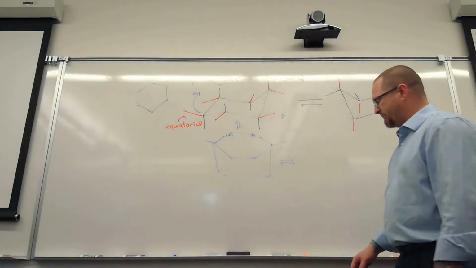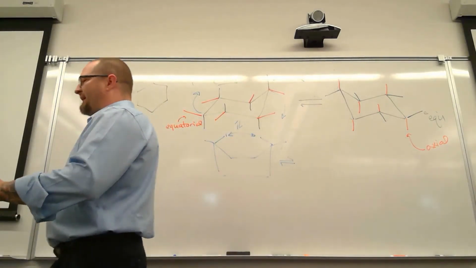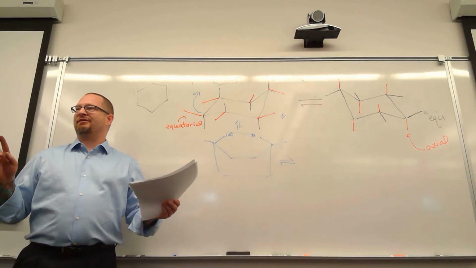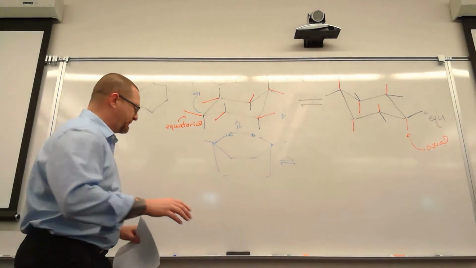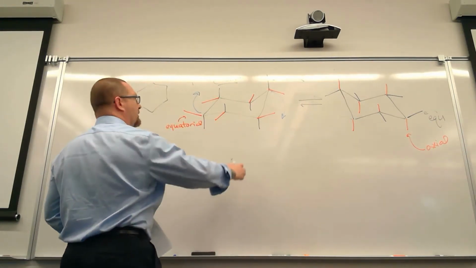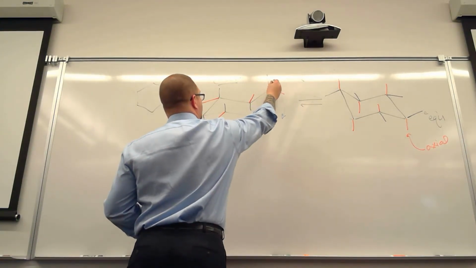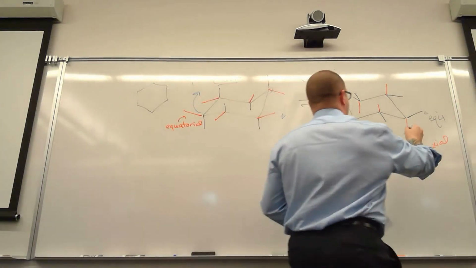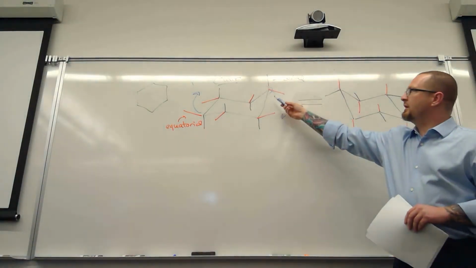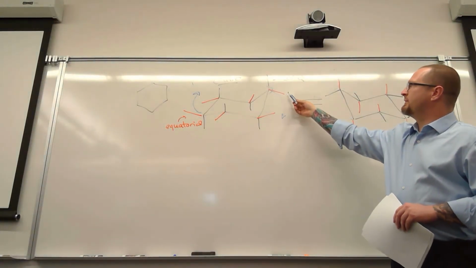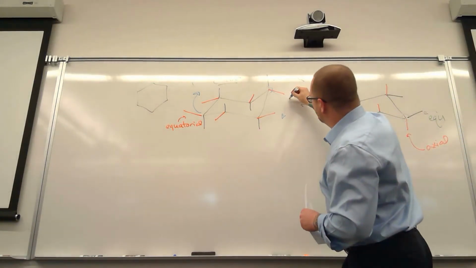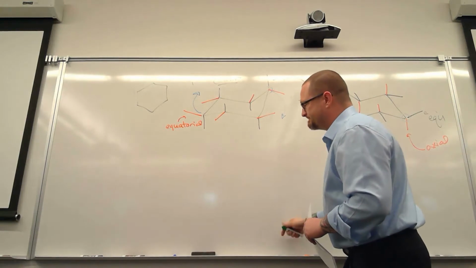What happens during a ring flip is that the equatorial and axial locations change for every bond that's on the ring. So let's look at this carbon specifically, which is this carbon to start. In the first conformer, the orange bond was in the equatorial position, and it's on the bottom.